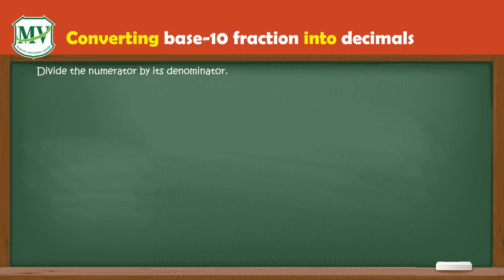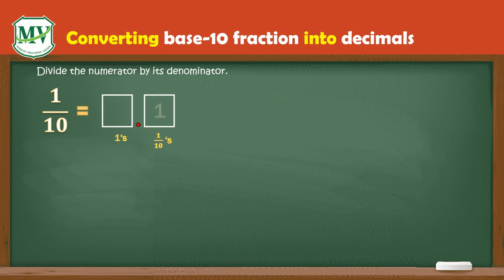How do we convert fractions into decimals? Let's answer these exercises with base 10 fractions. To write 1/10 as a decimal, write 1 on the tenths place and 0 on the ones place. There are no whole numbers, so we get 0.1.